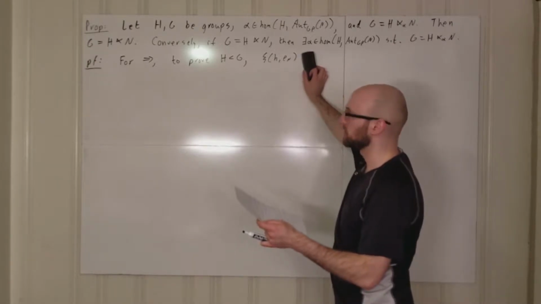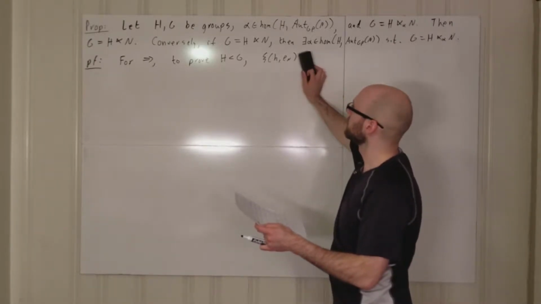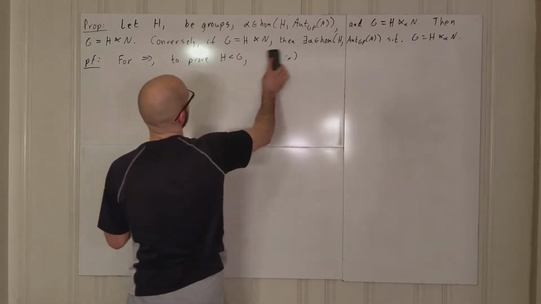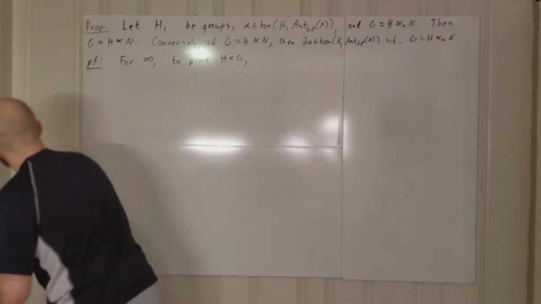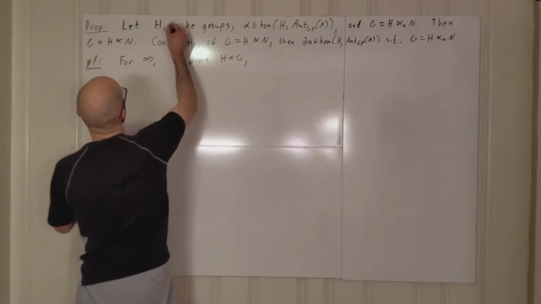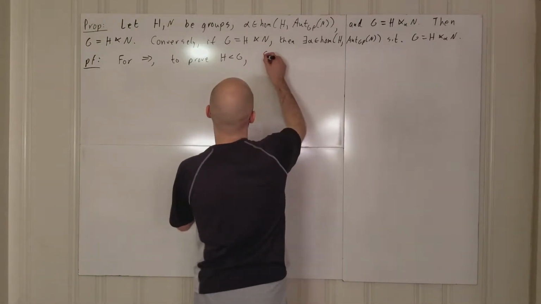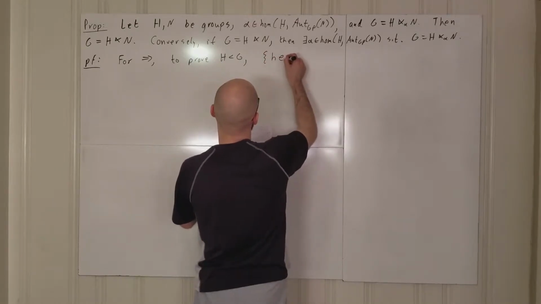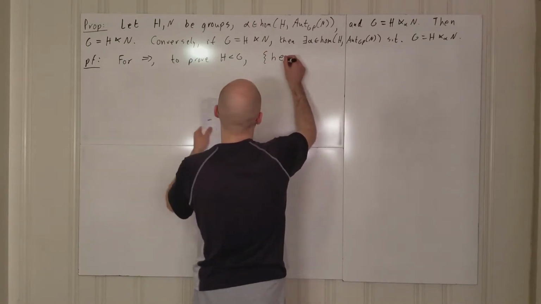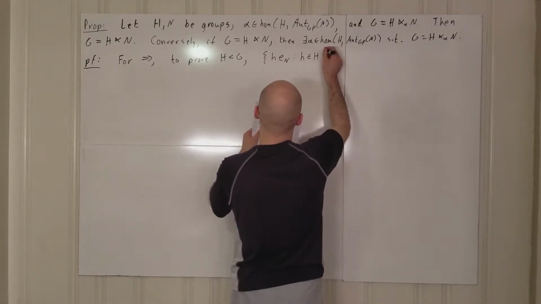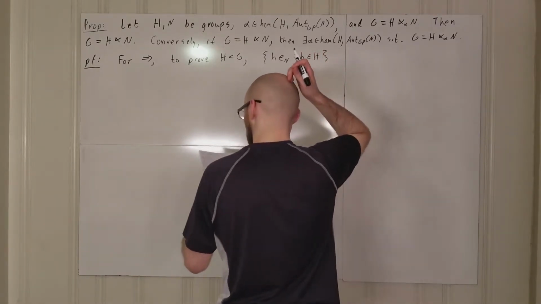Is this right? Let's see here. So H and G are two. Oh, this should be N here. So I think what I want here is H times E_N, such that H is an H. Let's see here.